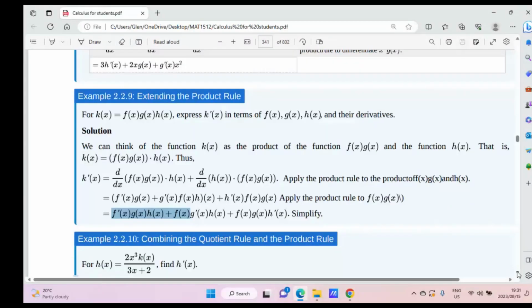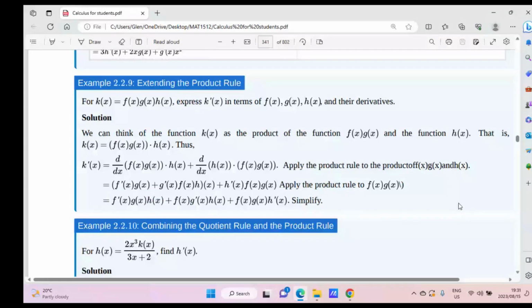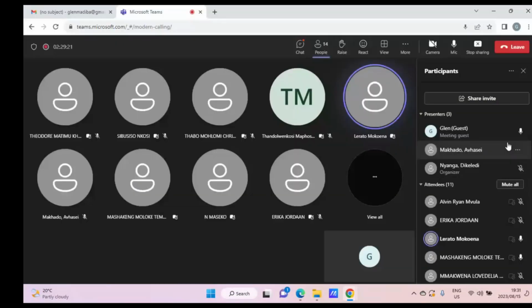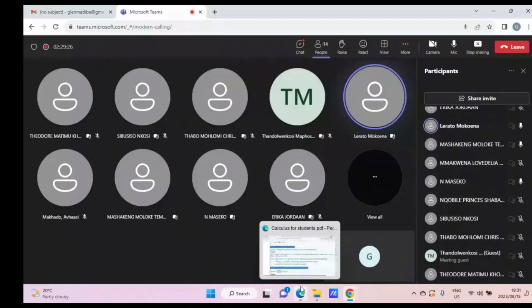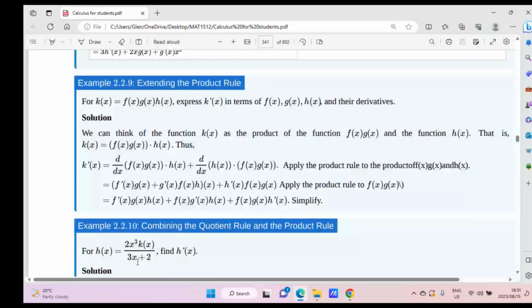Okay, yes, thank you, sir. Where is Abdul? It's plus 2 there, sir. Plus 2. 3x plus 2, not minus, plus. In the numerator, plus, yes. Okay.